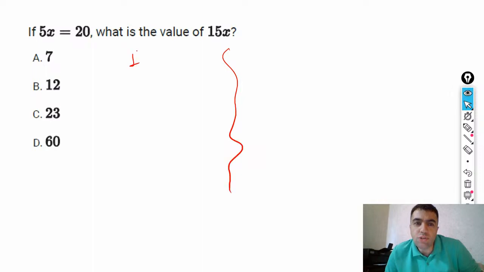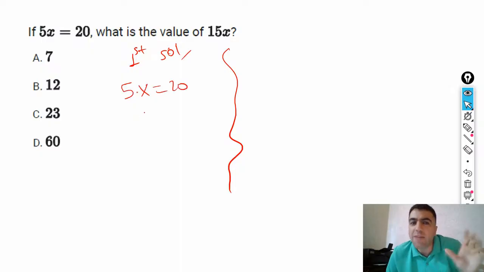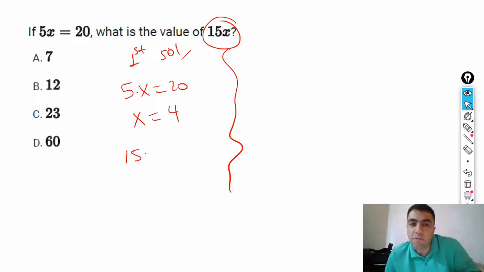The first solution: 5x is equal to 20. We should find the value of x, right? X is equal to 4. And then we should write 4 in the place of x. 15 times 4 is equal to 60. This was the first solution.